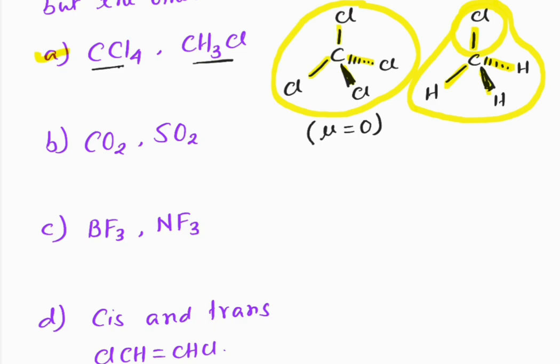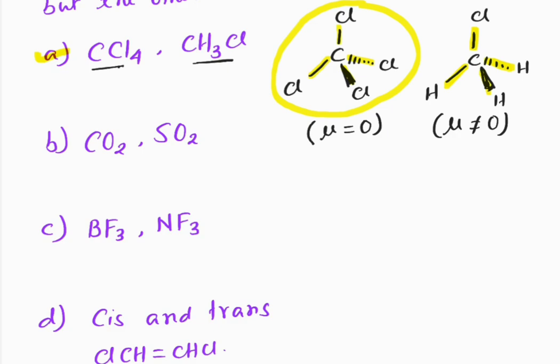The bond moment of the C-Cl bond cannot be cancelled by the bond moments of the other three carbon-hydrogen bonds. So that is why this compound will have a non-zero dipole moment. It will have an appreciable dipole moment.